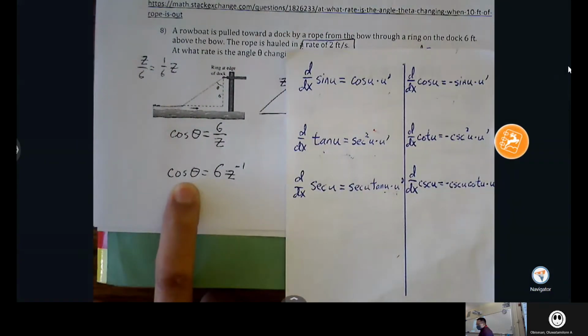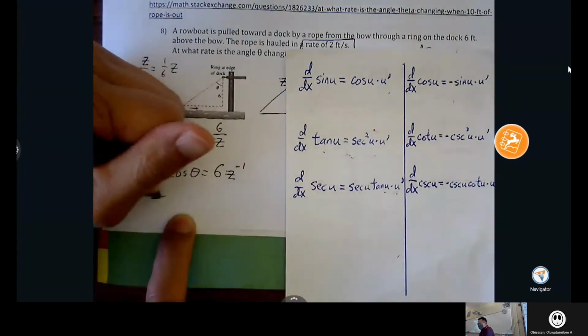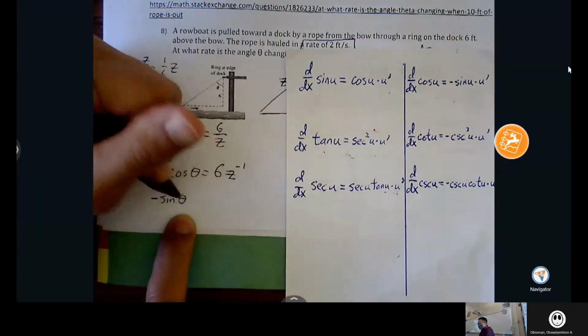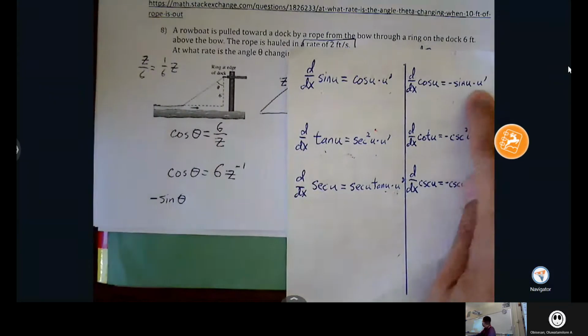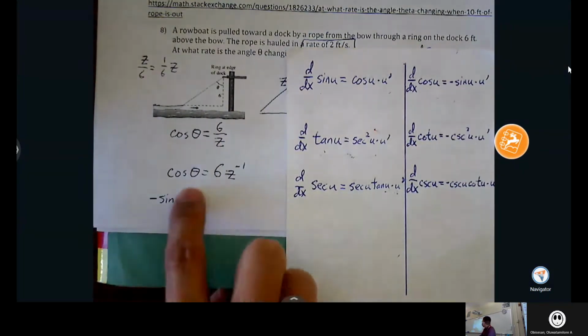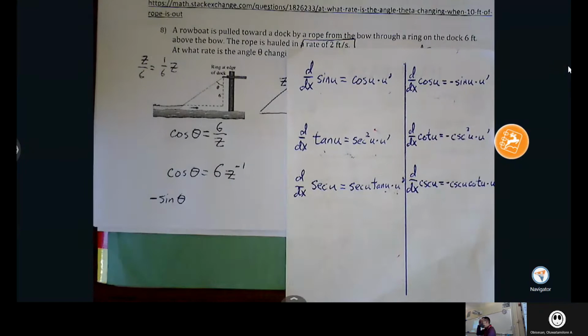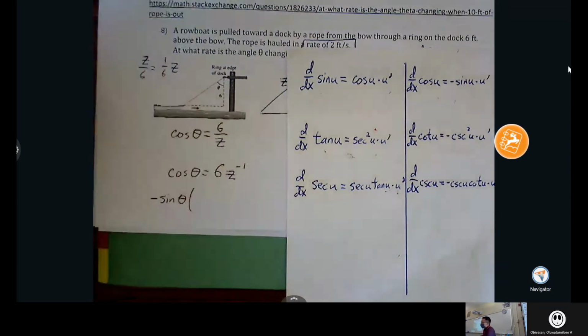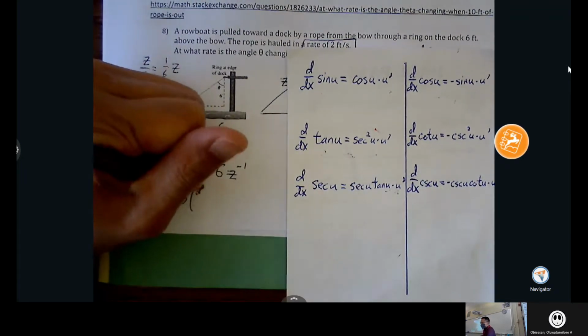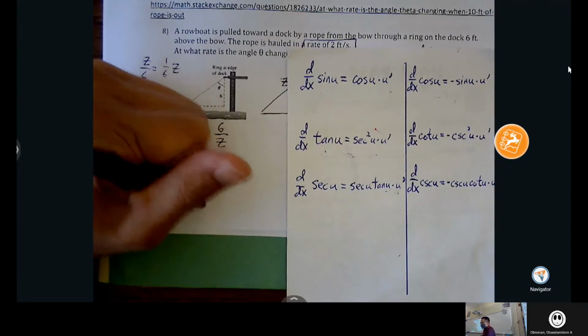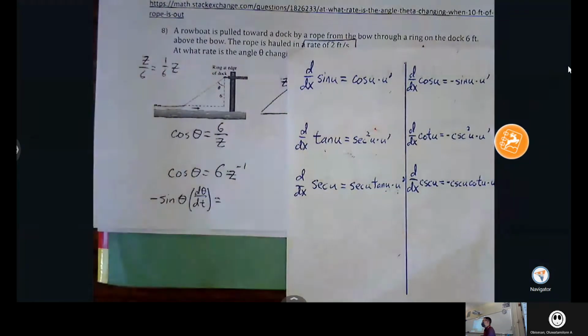Negative sine times theta times the u prime. What's the u prime in this problem here? What would it be? Okay, so we're doing related rates, so time is going to be impacting every variable. So it's going to be what? d theta dt. Okay, what about the right side?